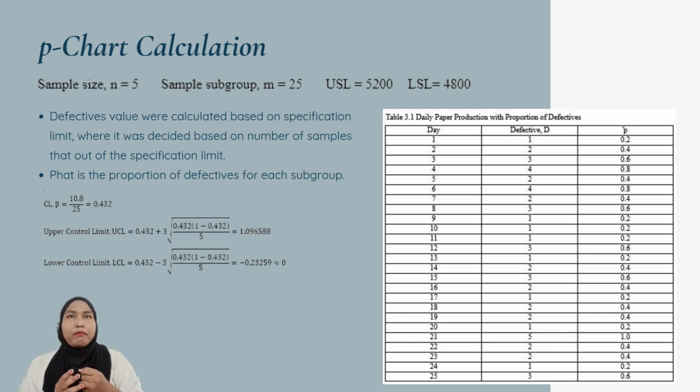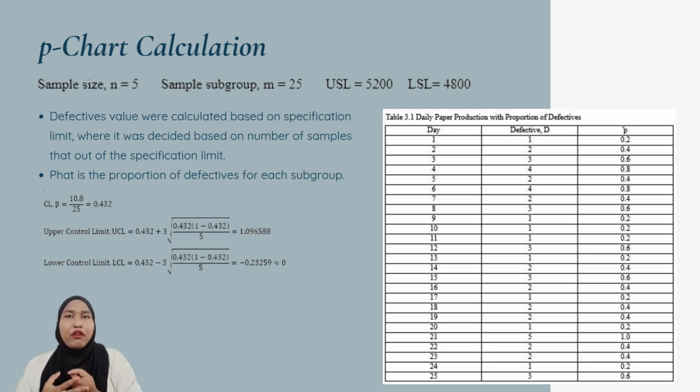Next, for the p hat column, it is the proportion of defective for each subgroup. For the p-chart calculation, we calculate the center line, which is p bar, that equals 10.8 over 25 equals 0.432. And then for the upper control limit, UCL equals 0.432 plus 3 square root of 0.432 times 1 minus 0.432 over 5, and we get 1.096588.